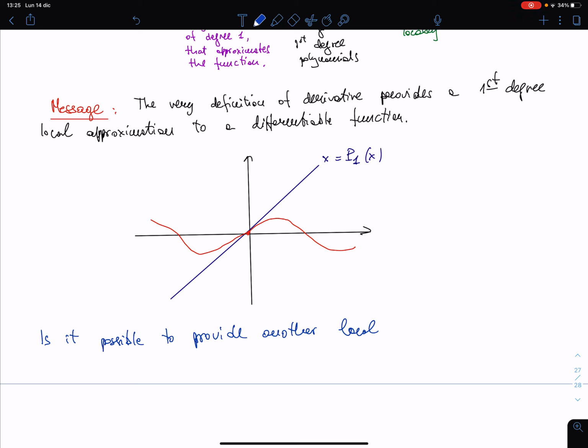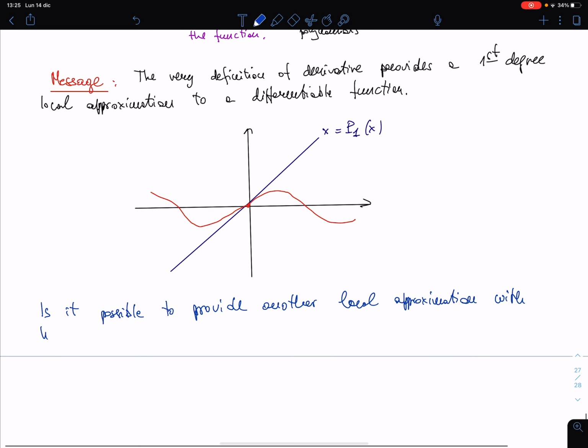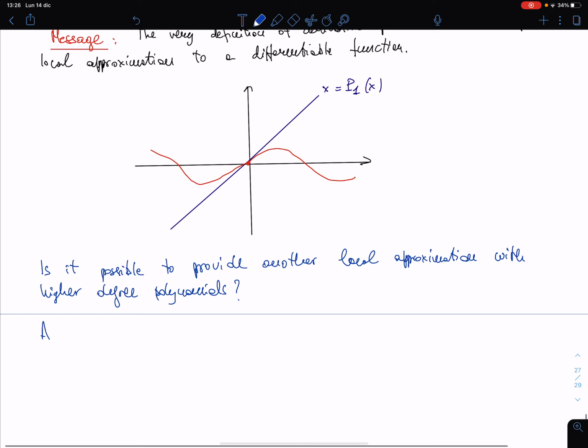So the question is, is it possible to provide another local approximation with higher degree polynomials? And the answer is yes, of course, provided that the function is regular enough.